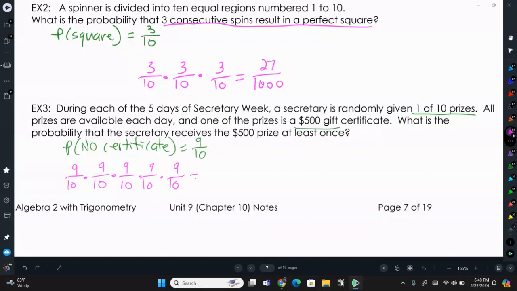And on the fifth day, she also has a 9 out of 10 chance to not get that gift certificate. So if we type this into our calculator, 9 times 9 times 9 times 9 times 9, or 9 to the 5th power, we get 59,049 over 10 to the 5th power, which is 100,000.